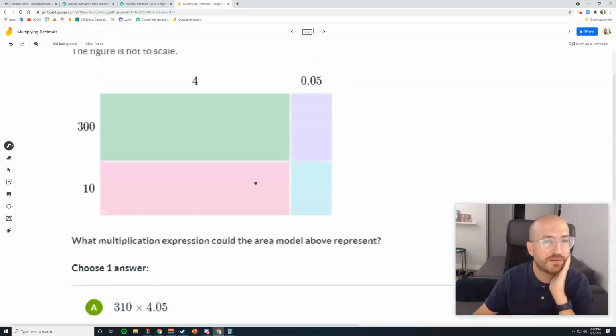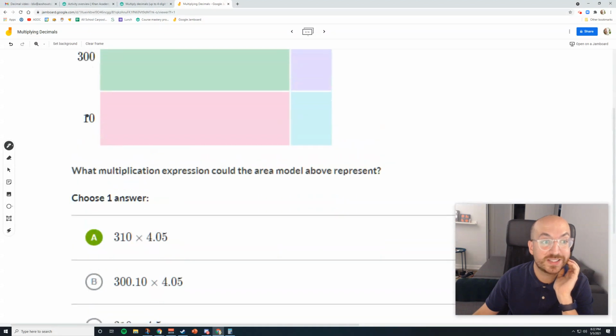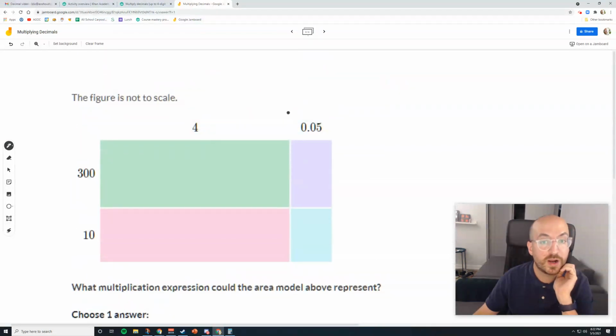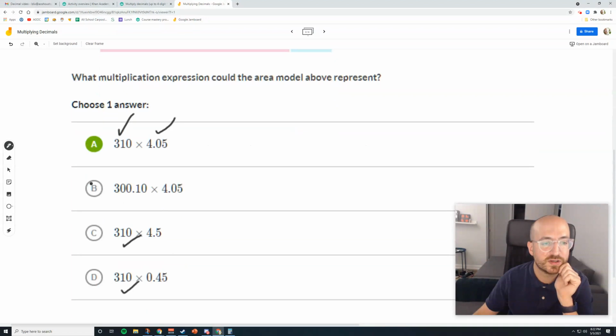It's 4 and 5/100ths times 310. Not 300 and 0.10, no. 310, yeah. But this is 4 and 5/100ths, not 4 and 5/10ths, not 45.